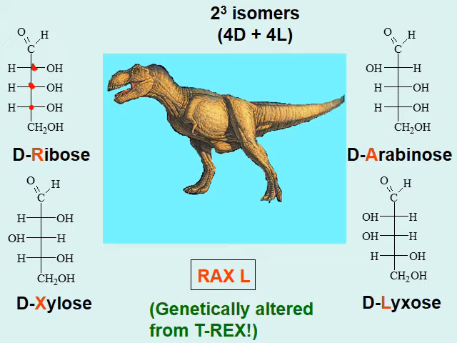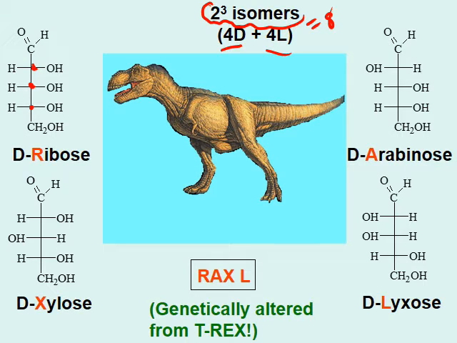So with these 3 chirality centers, we'd expect 2 to the power 3 isomers. That means there should be 8 isomers. And out of 8, 4 of them would be D and the other 4 would be L. Now D and L, in case you forgot, let me remind you with another color of the pen.